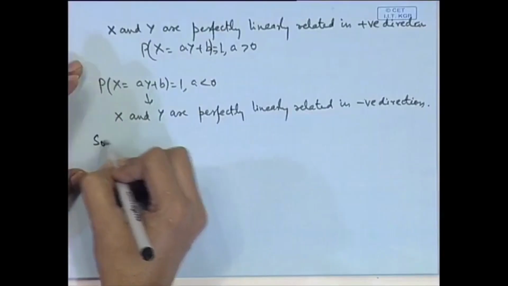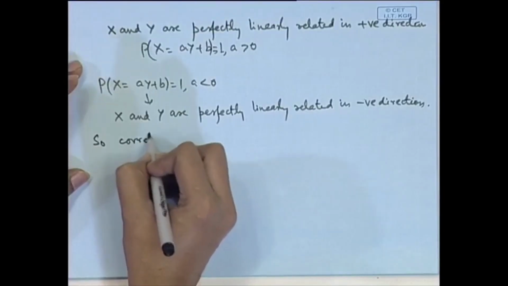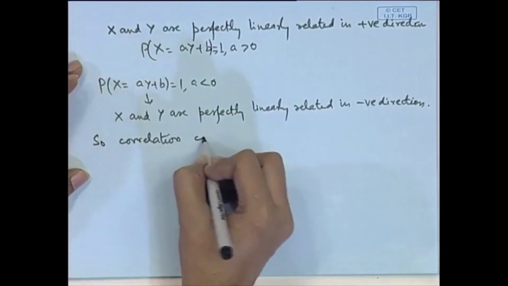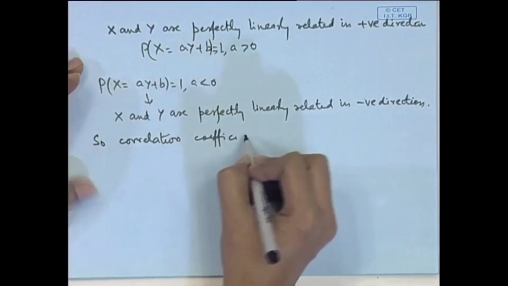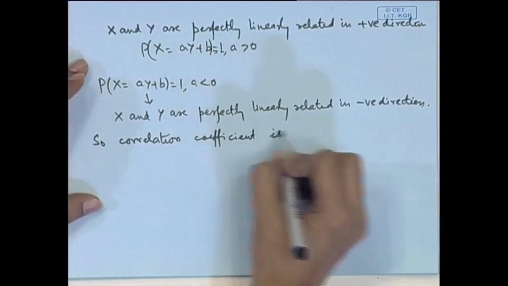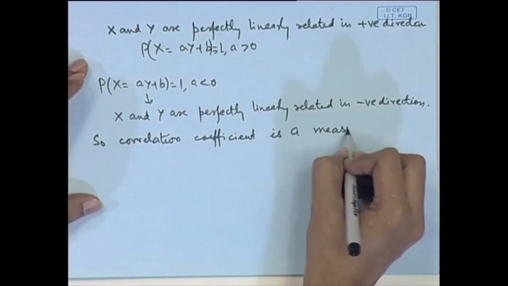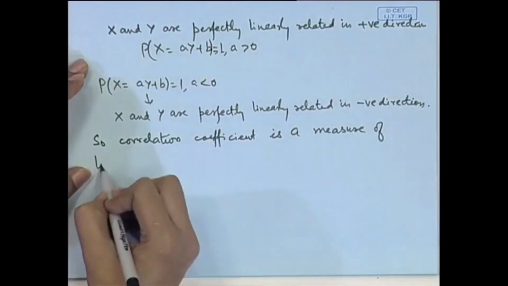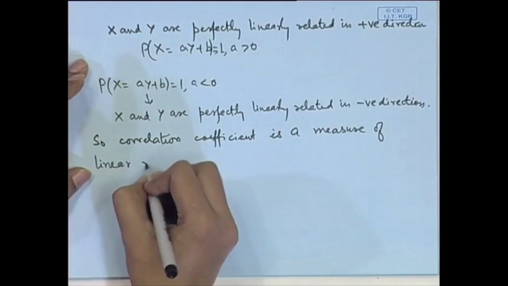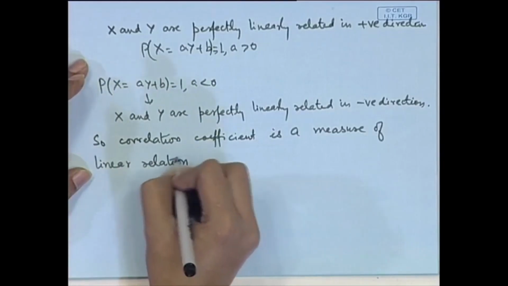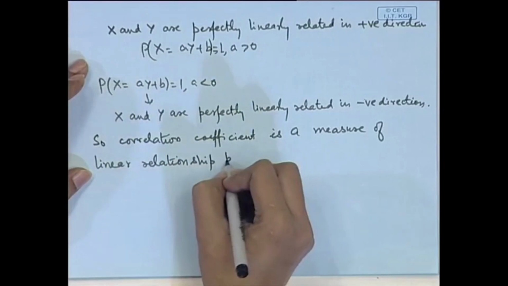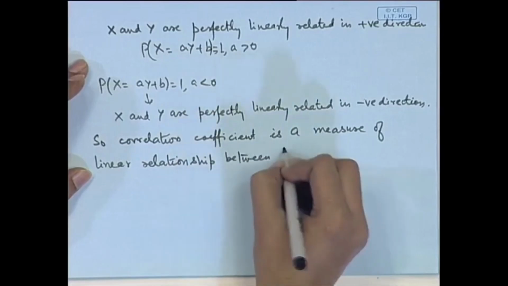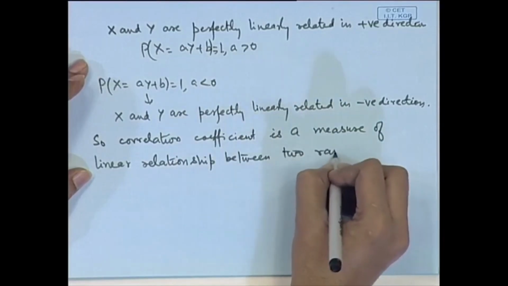So, we can interpret these statements as: the correlation coefficient is a measure of linear relationship between two random variables.